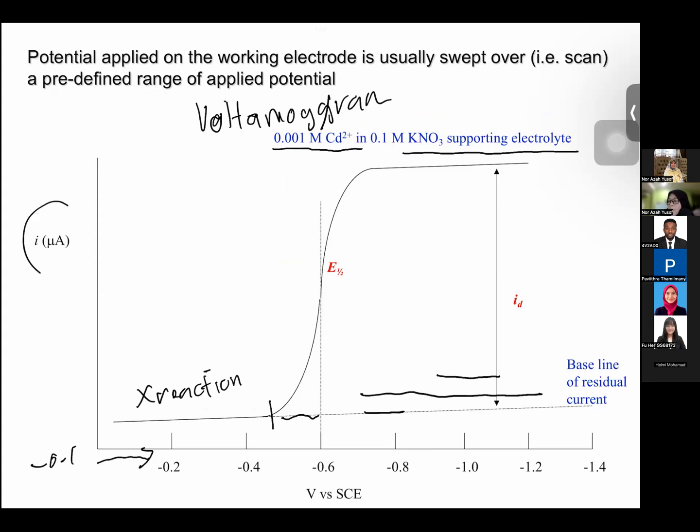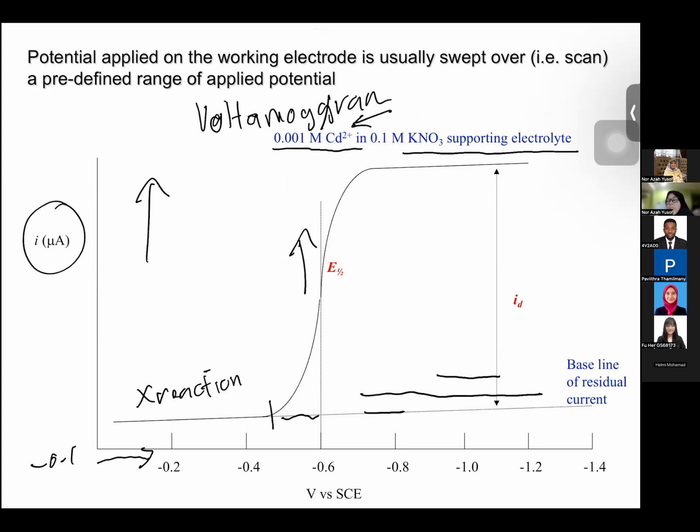The current increases when more cadmium is being reduced. There is electron transfer. So the higher the concentration, here it is 0.01 molar, the higher the current will go.